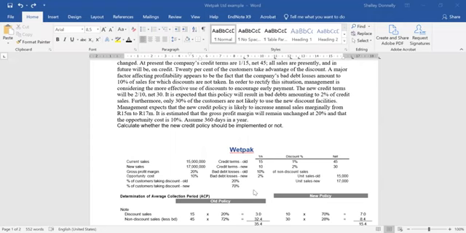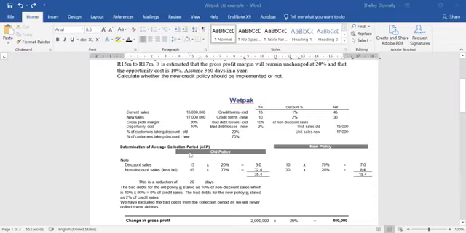Okay, so as I said, first we've got to work out the average collection period under the old and the new policy. And you do that, so for the old policy, the discount sales, 20% of them are going to take 15 days to pay because they'll take the discount.